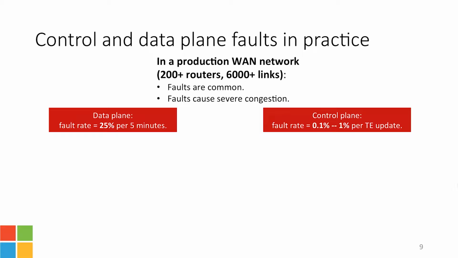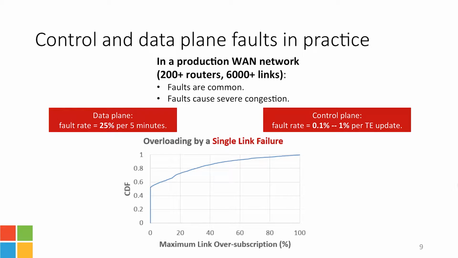And each time you want to configure a switch, there is a 0.1% to 1% chance that you cannot configure it. In a fully utilized network, even a single failure will cause severe congestion. This shows the link oversubscription when we introduce a single link failure.